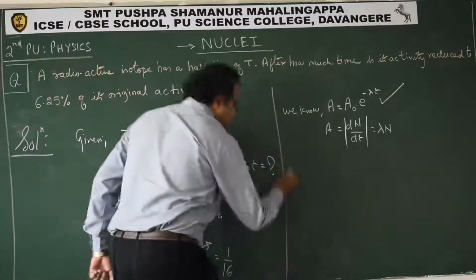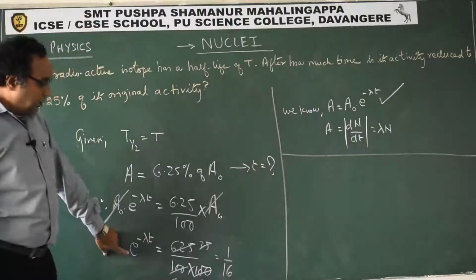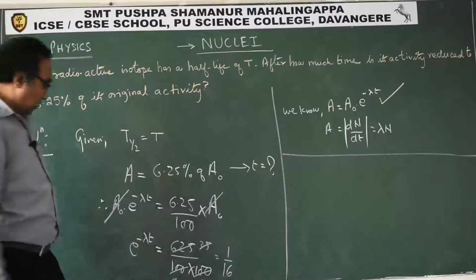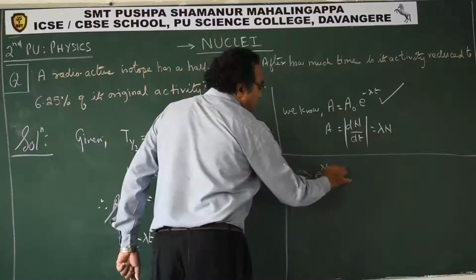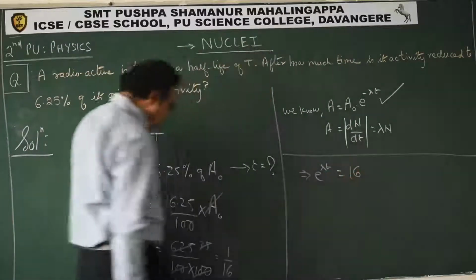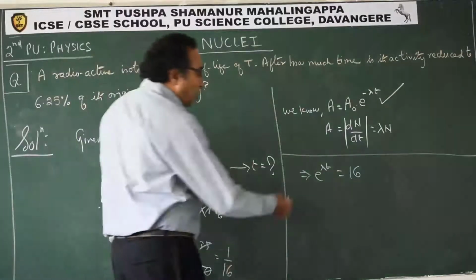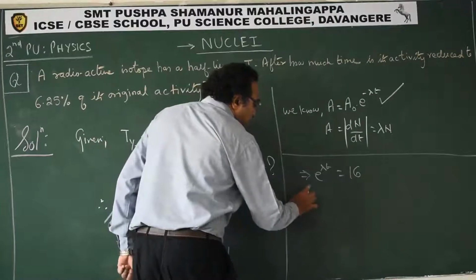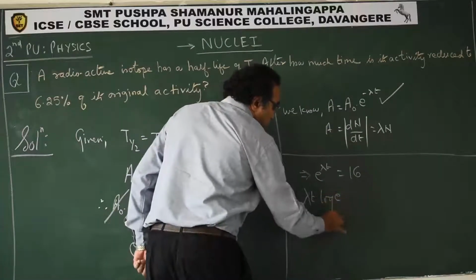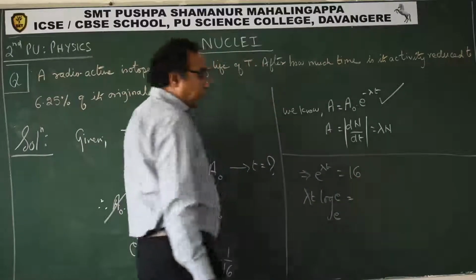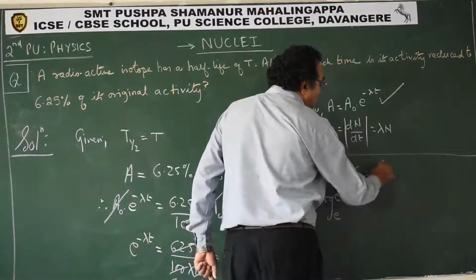Now e power lambda t is 16, because of the negative power, take the reciprocal. Take log on both sides. Lambda t equals log 16 to the base e. 16 is nothing but 2 to the power 4.